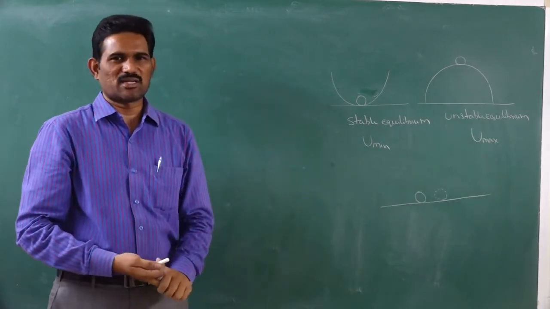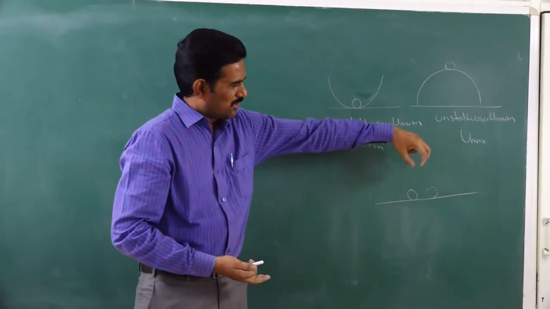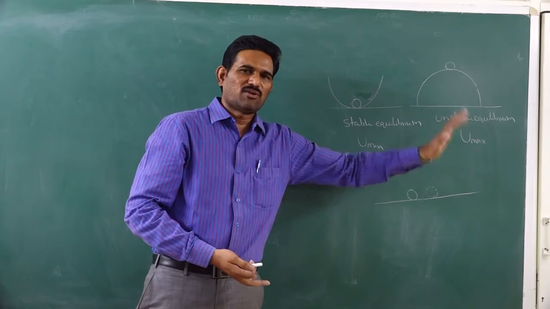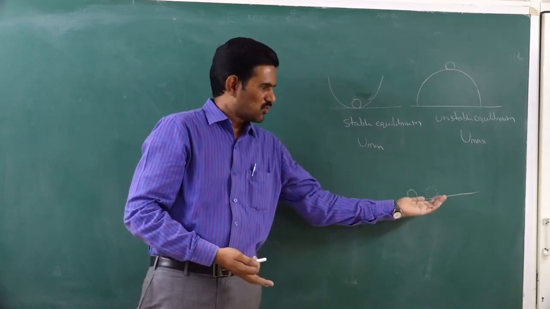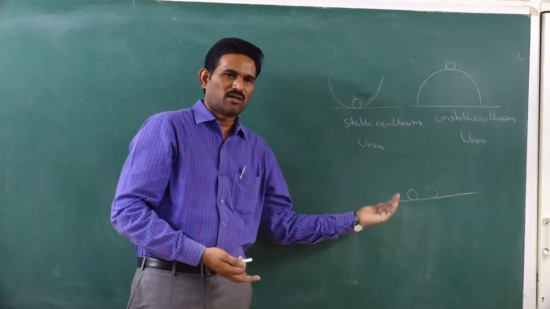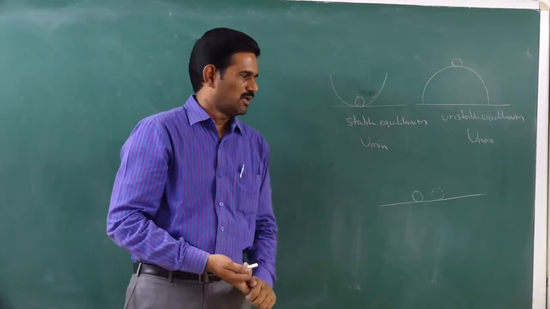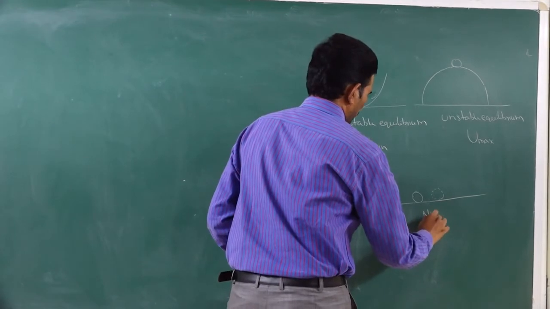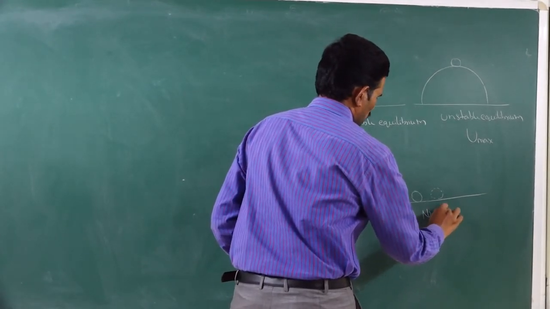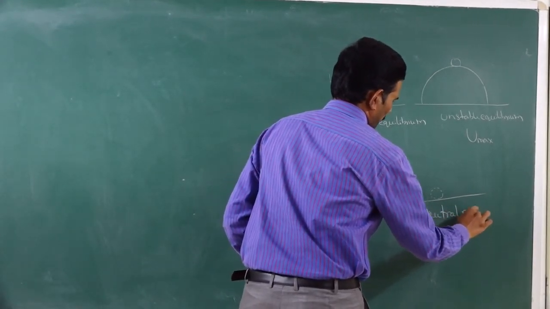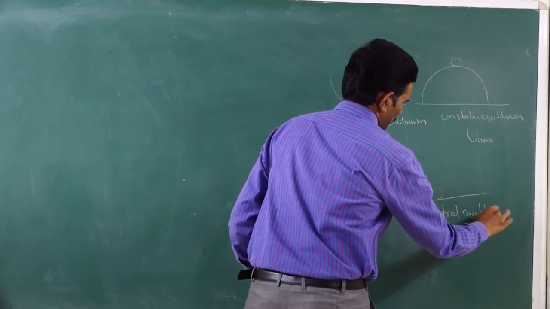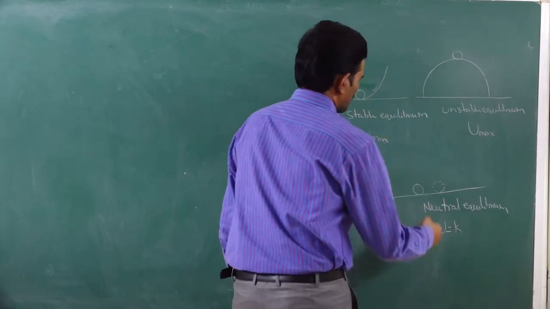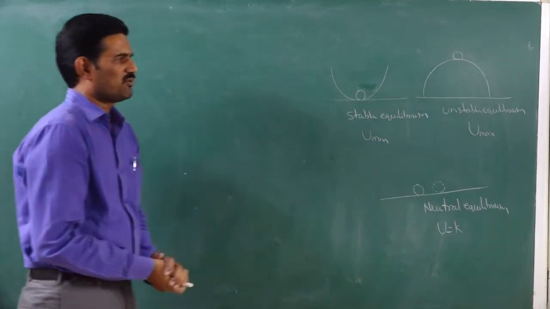There is no such tendency. If you displace it slightly, it will move and remain there only. So it has no tendency to come back or to move away from that position, and such equilibrium is what we call neutral equilibrium. In neutral equilibrium, the potential energy is considered to be a constant value. So those are the types of equilibrium.